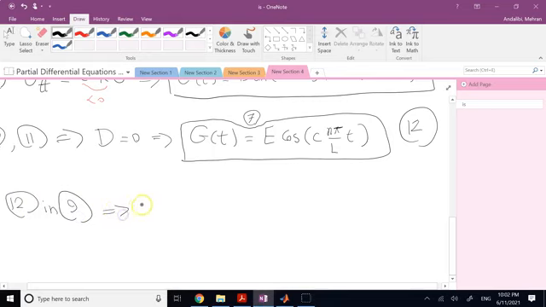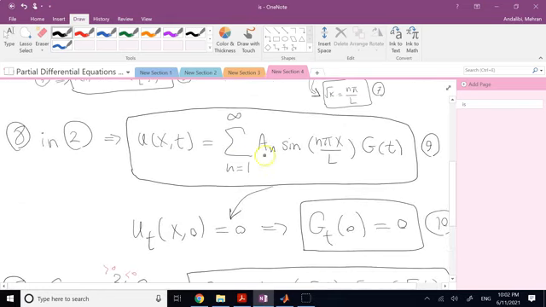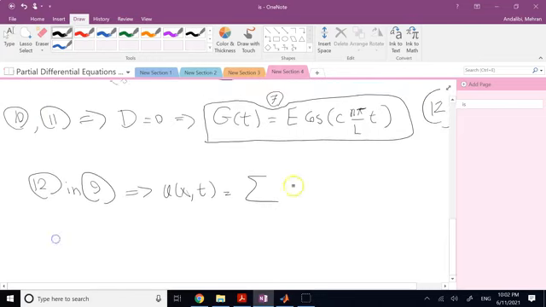So u of x and t is going to be a summation of, now this e is a constant term. When you multiply it by an, it is going to be another constant term. So if you don't mind, I just call it anything you want.